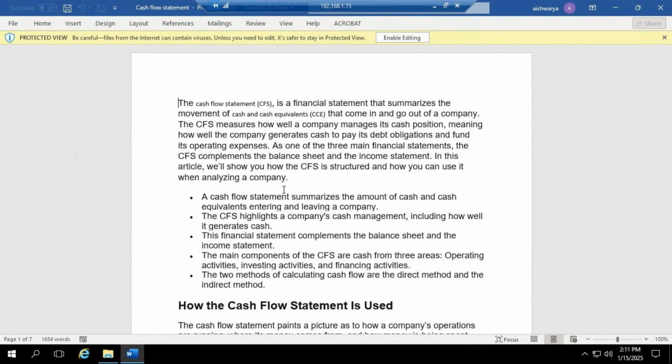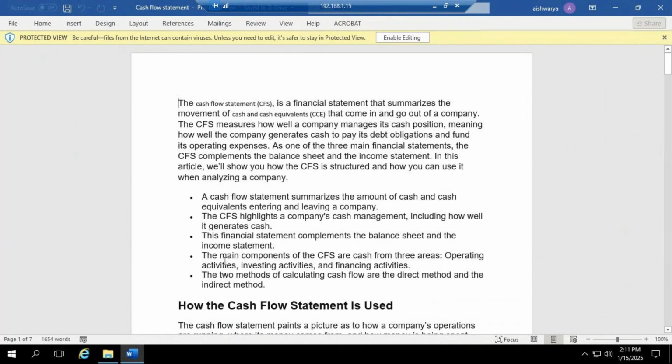We will show how the cash flow statement is structured and how you can use it when analyzing a company. What does it consist of? A cash flow statement summarizes the amount of cash and cash equivalents entering and leaving the company, highlighting its cash management, including how well it generates cash.